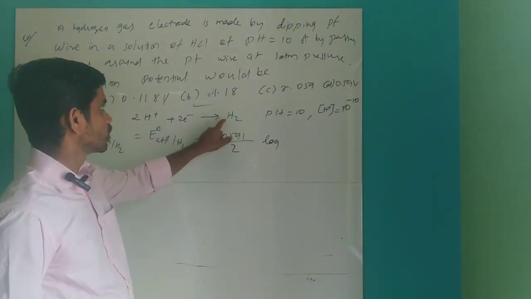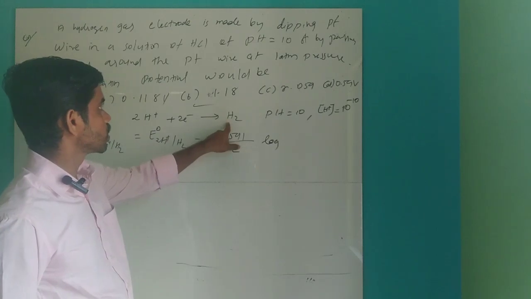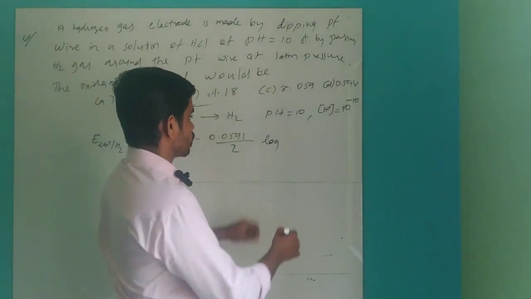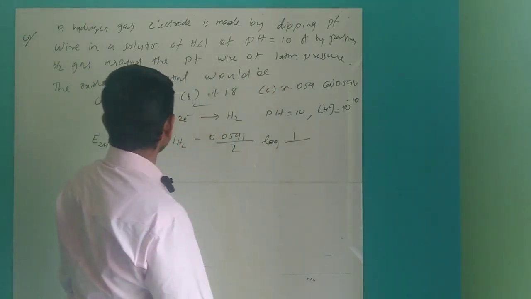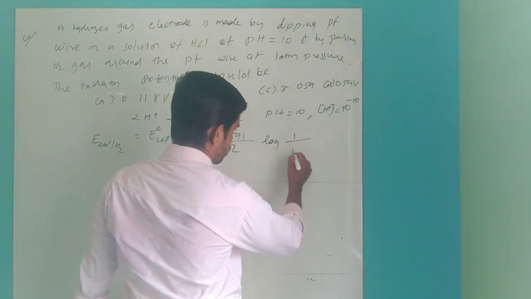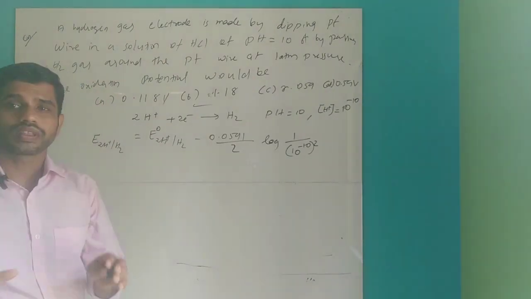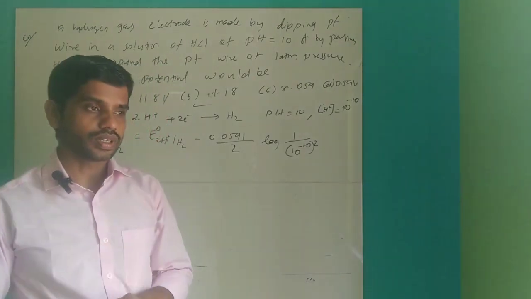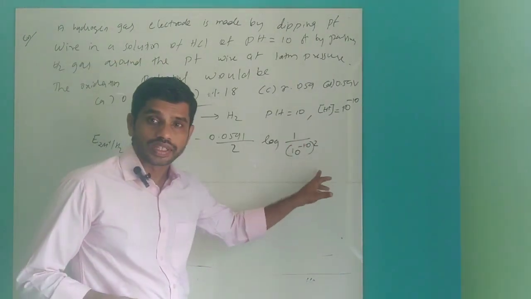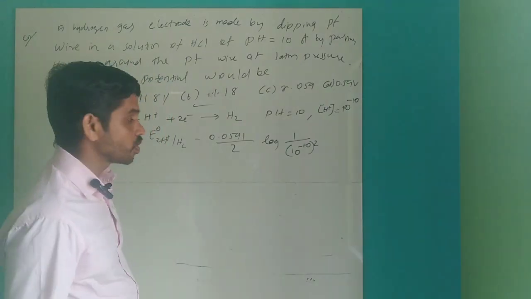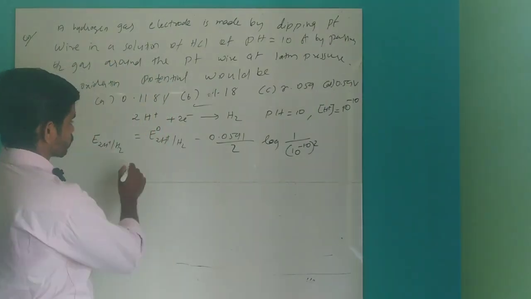The pressure of hydrogen is given as 1 atm, so 1 by the concentration of H+, which is 10 power minus 10, the whole squared. Like the last equation we did, the pressure is given and the H+ concentration you know. Now you have to find the EMF of the cell.